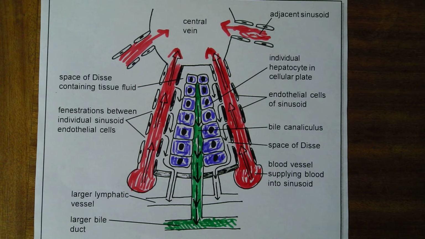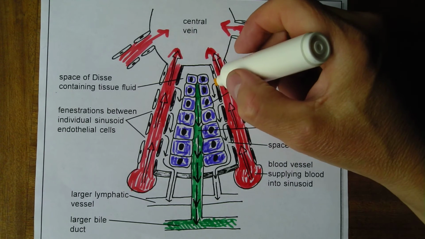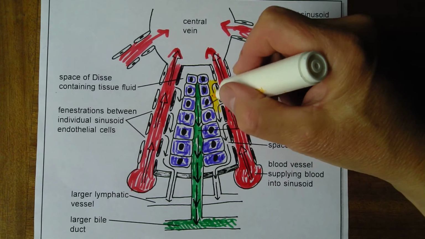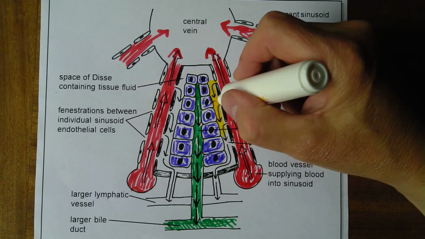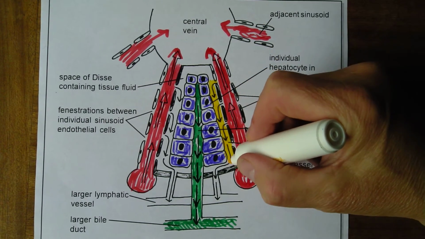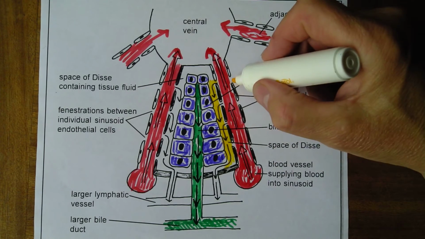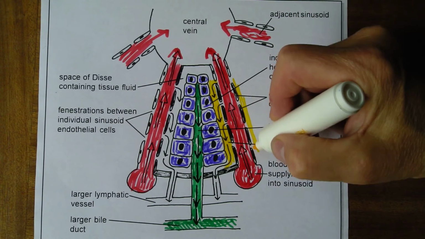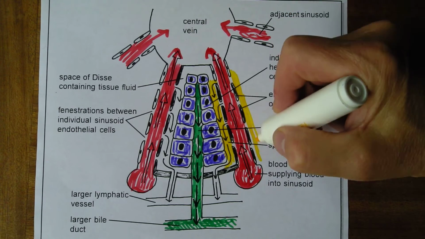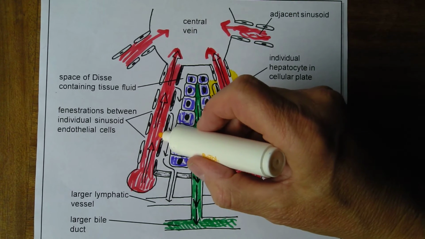But because there's bigger gaps here, this means that more fluid can escape into this interstitial space. So we notice there's a large interstitial space around the sinusoids. This is called the perisinusoidal space, the space around the sinusoids.